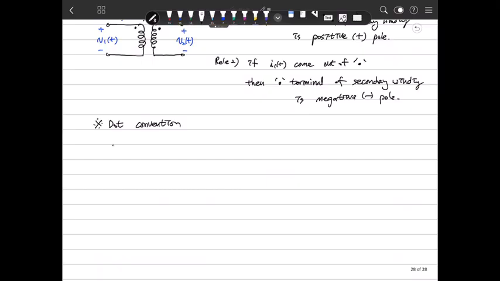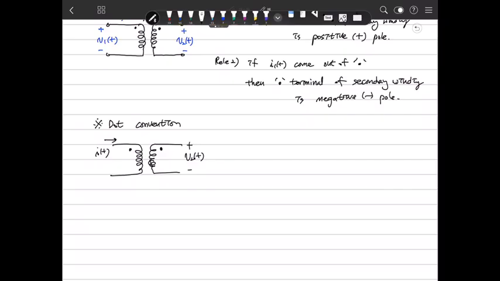The convention is that this is the primary here, this is the secondary here. We make a dot here. We define the current I1(t) this way, and we make the voltage here V2(t).